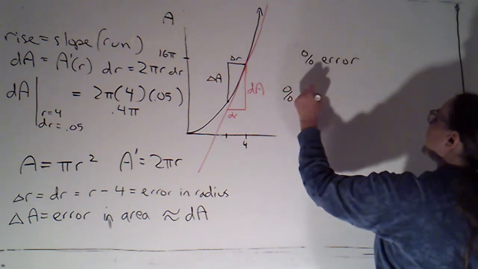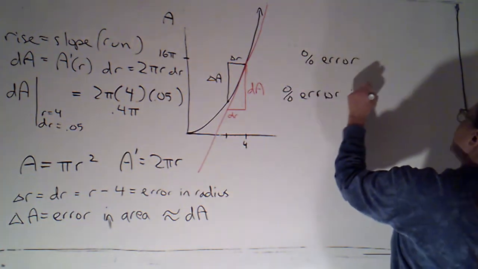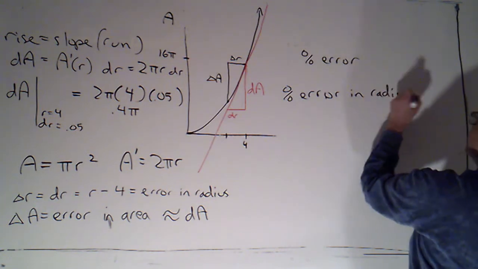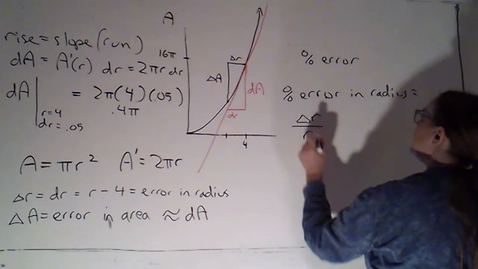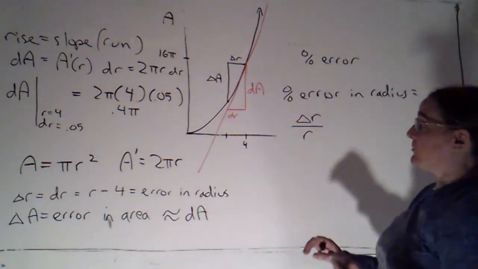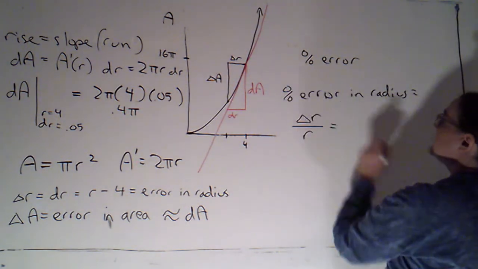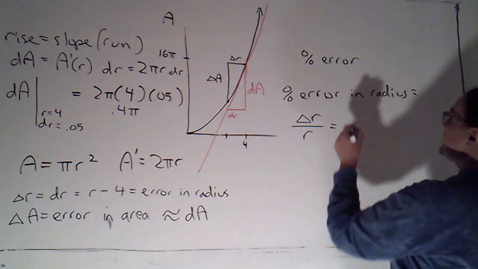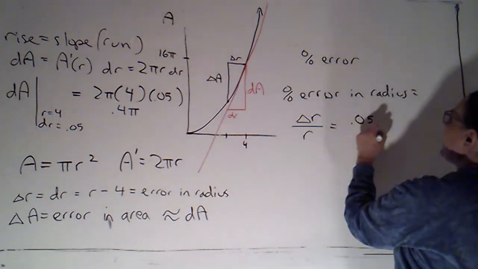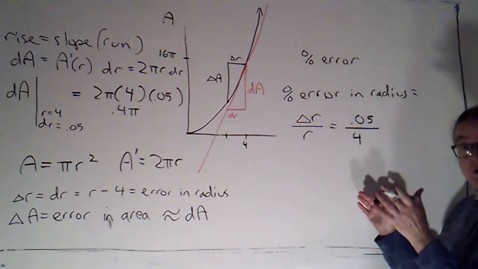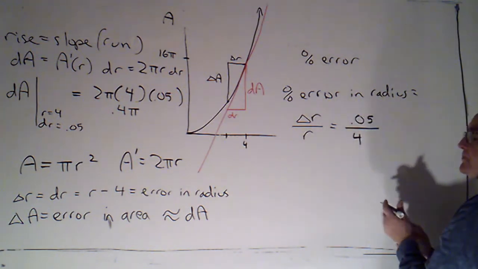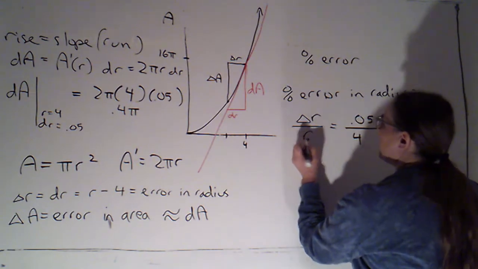So the percent error in the radius is just going to equal the amount of error in the radius divided by the target radius. So in this case, delta R, we said, was at most 0.05, and R, the R value that we were shooting for, was 4. I might almost want to call that R naught.